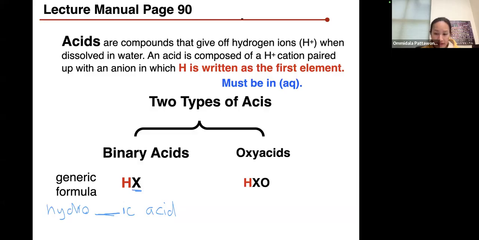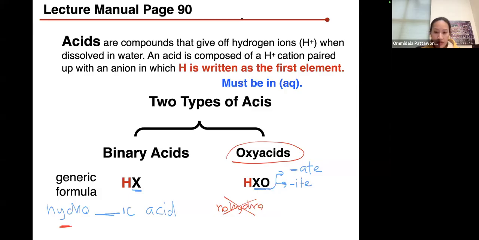However, with oxy acid, because you can have a polyatomic ion ending with either ate or ite, the name of the oxy acid would differentiate by that, by the original name of the polyatomic ion. Note that oxy acid would not have the word hydro. So no hydro at all.